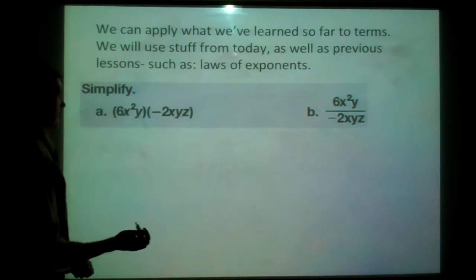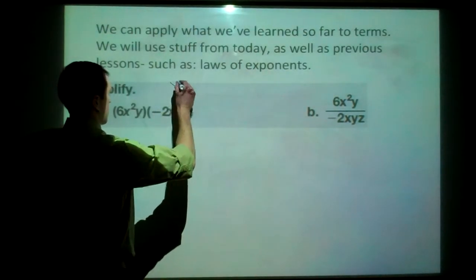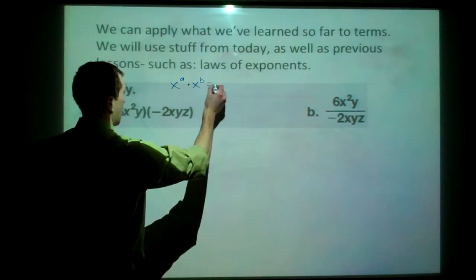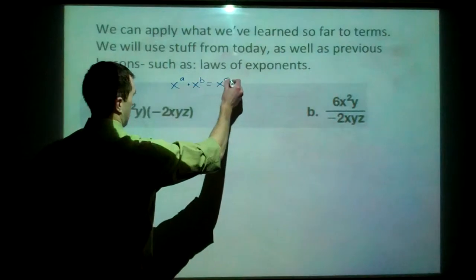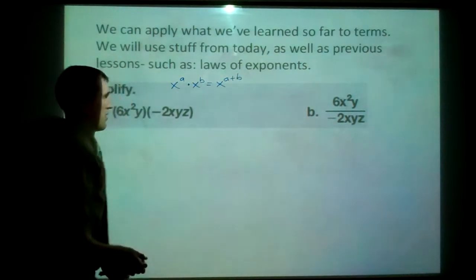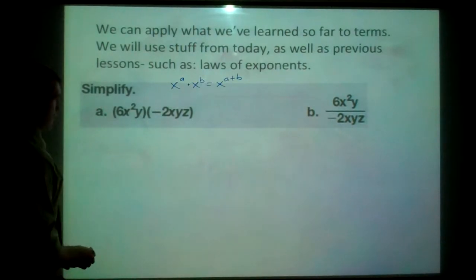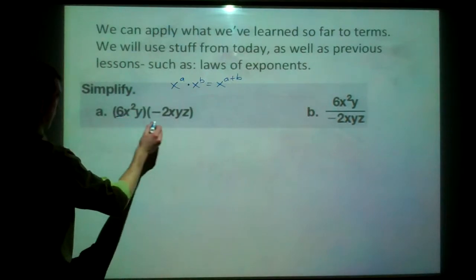So for instance, x to the a times x to the b equals x to the a plus b. That's one of our laws. So if we look at this, everything is being multiplied. First, let's multiply our numbers together.